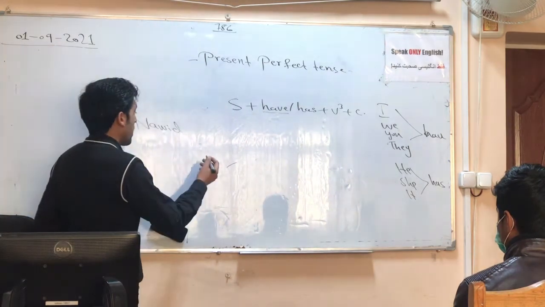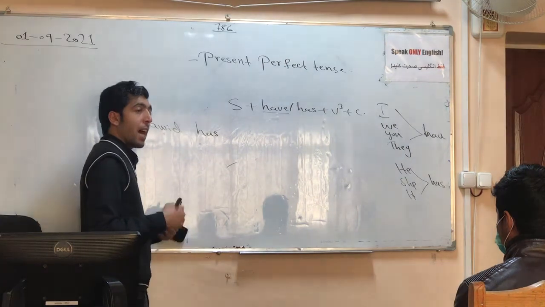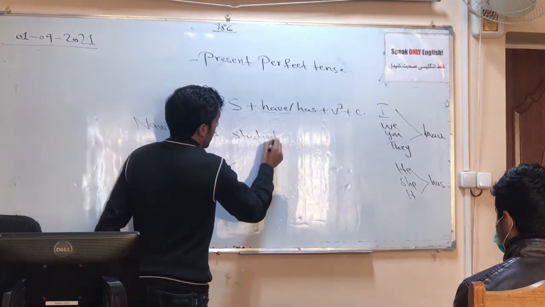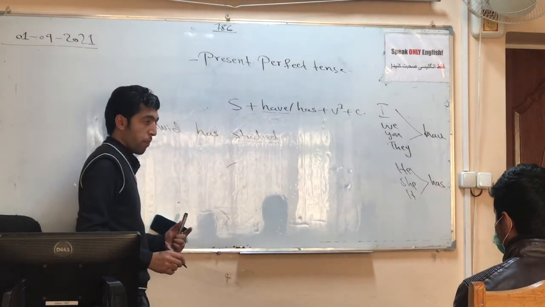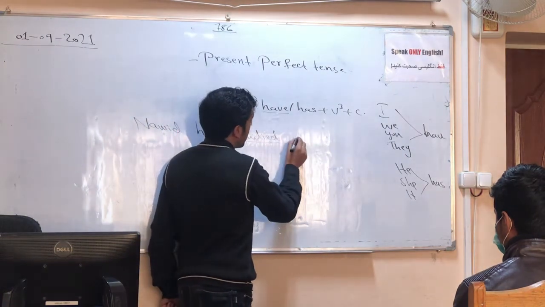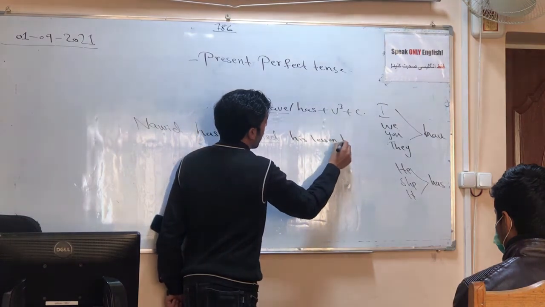So we write has for Naveed. Naveed has studied. Studied is the third form of the verb. So, Naveed has studied his lesson before.